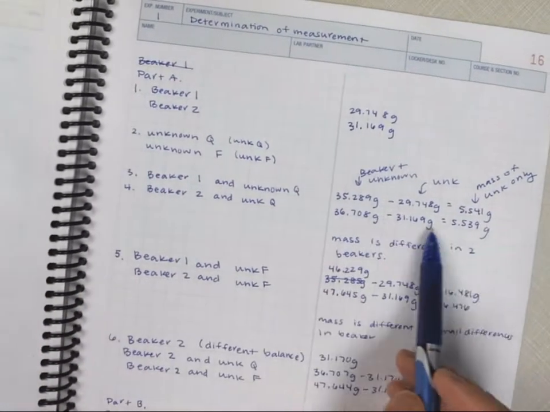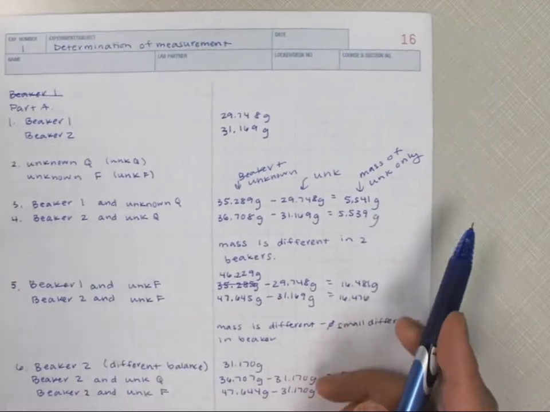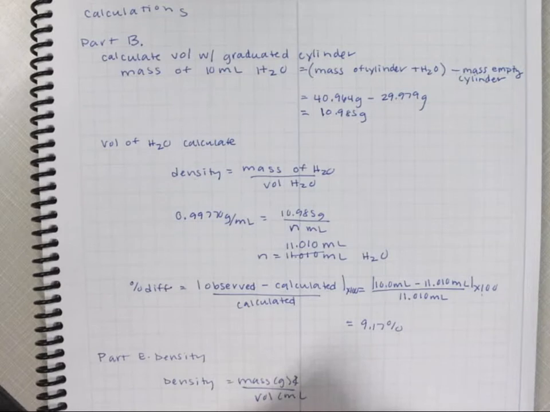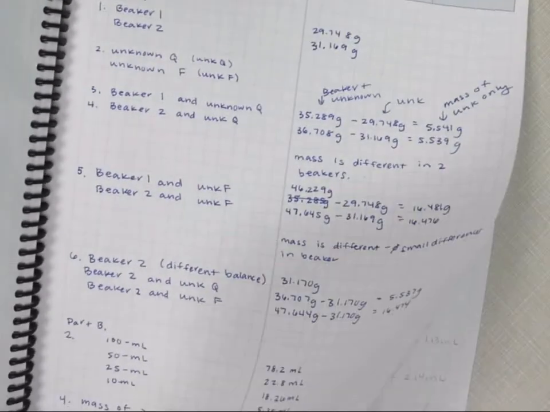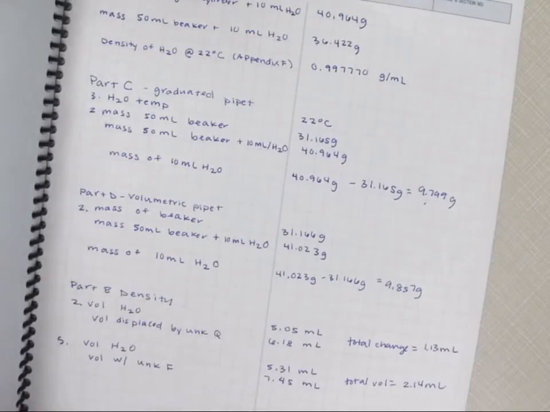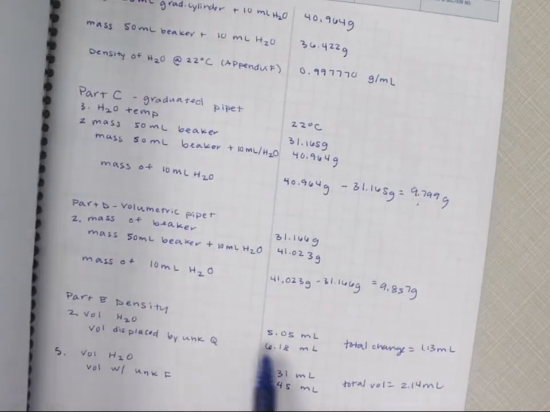I'll just go with this mass here. So the mass of object Q was 5.541 grams. And the volume of water displaced by Q was 1.13 mils. So that was by Q.